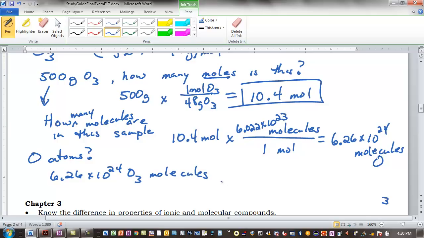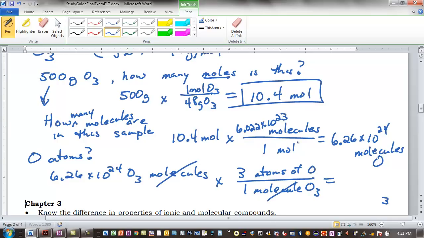Take that number of molecules, and there are 3 atoms of oxygen per 1 molecule of ozone. Okay?